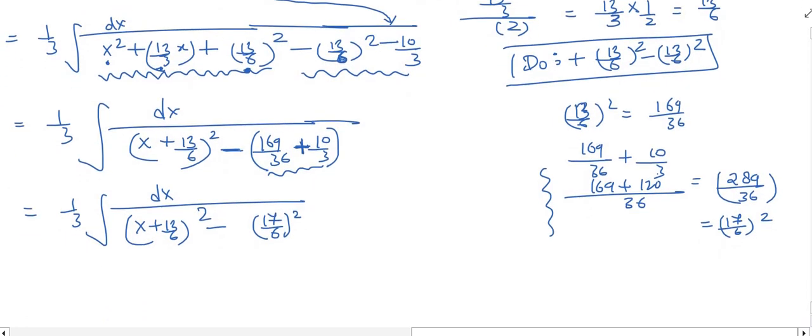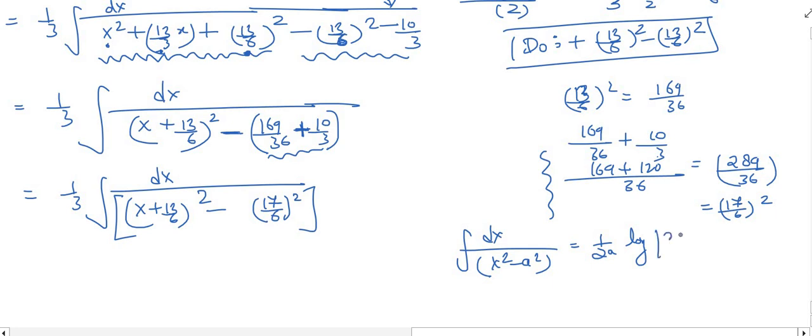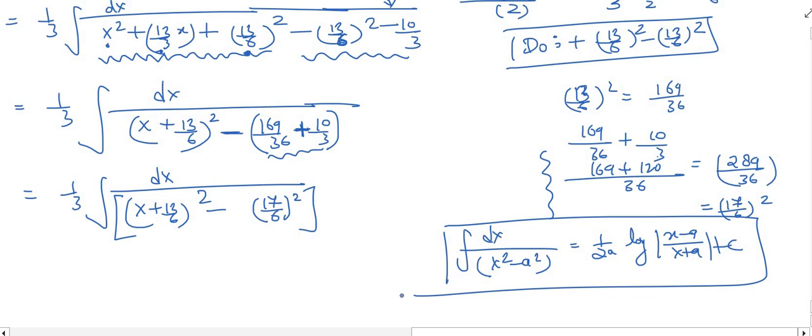Now it is pretty much matching with one of our formulas. Yes or no? This is the formula: dx by x square minus a square is equal to 1 by 2a log of (x minus a) by (x plus a) plus c. It is matching 100%. So this part I can take as t and solve it, and in the end I can replace t.